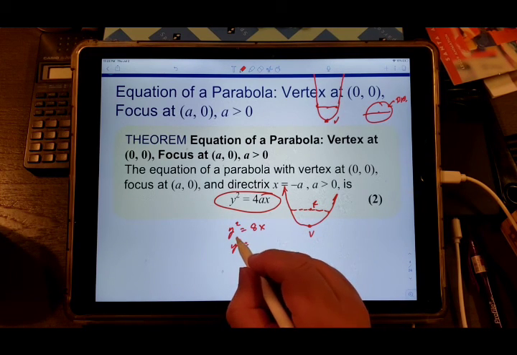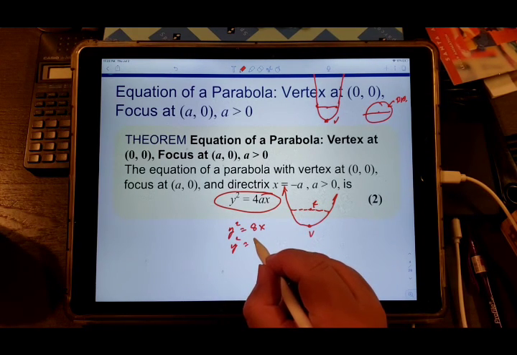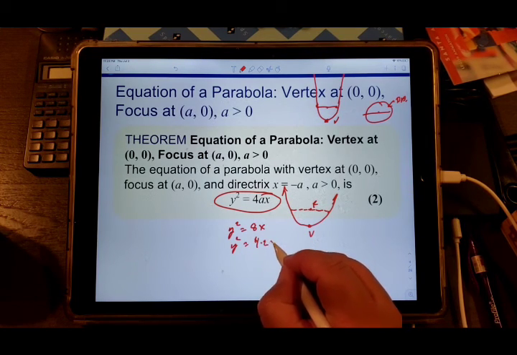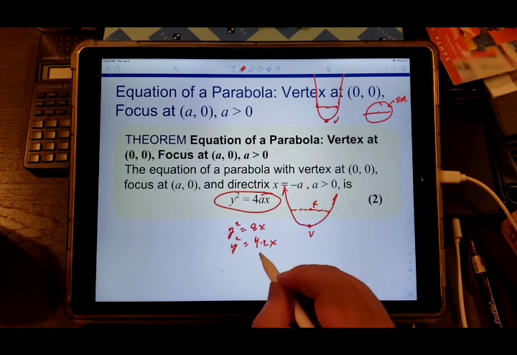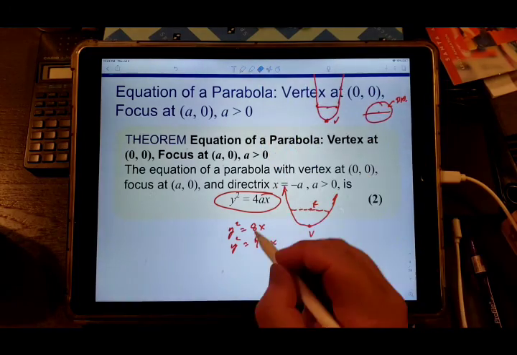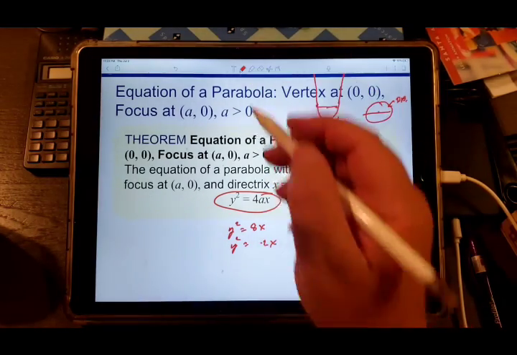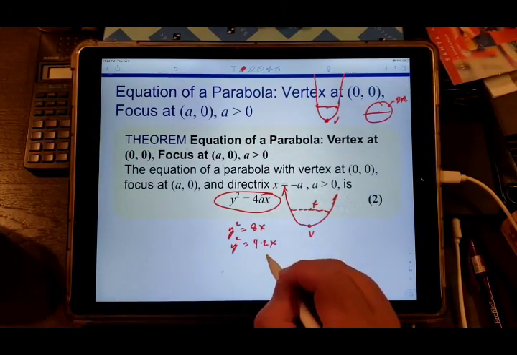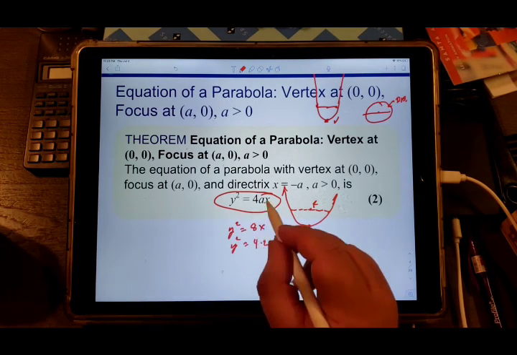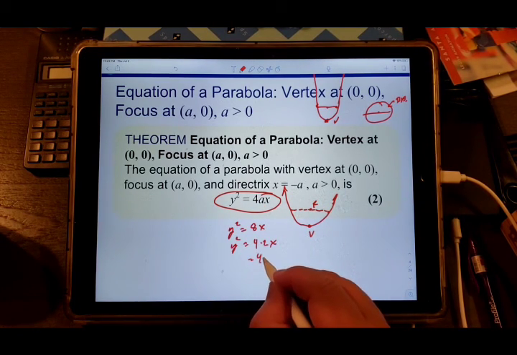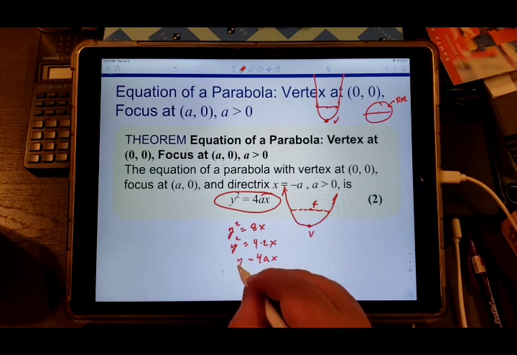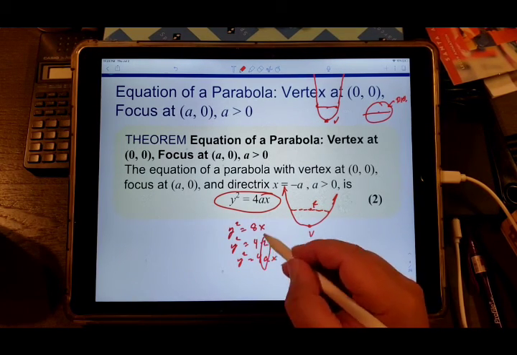But all right. I can rewrite this as 4 times 2x. I can do that. Why would I want to do that? Well, because I want to match it up with 4ax. So a is 2.